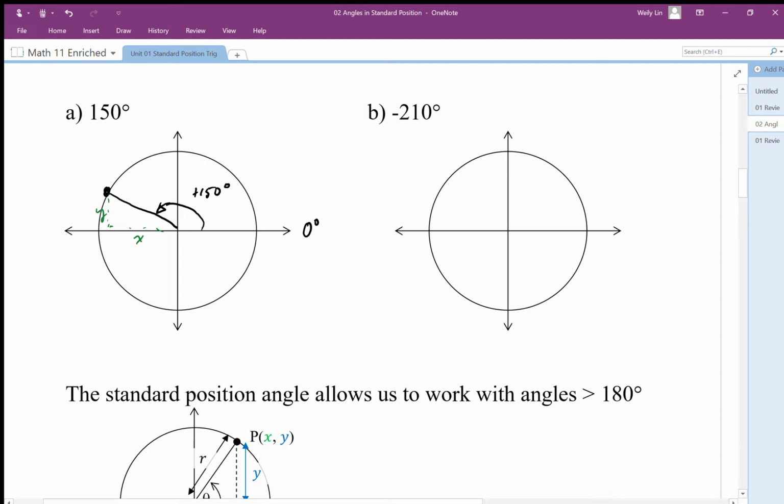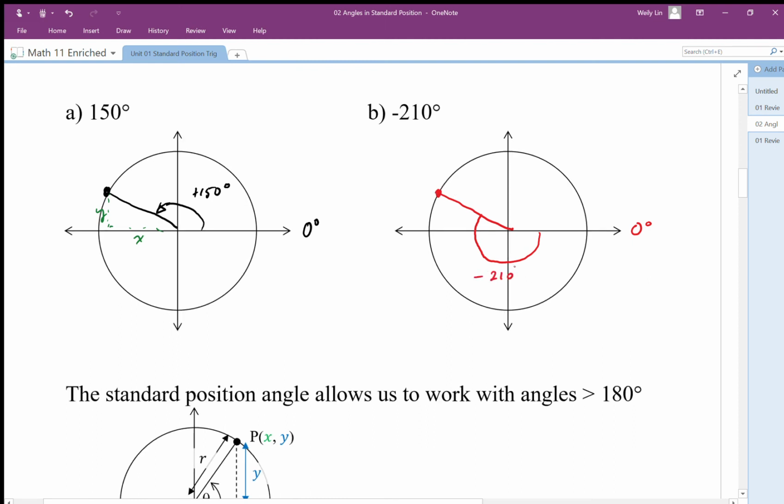Negative 210 degrees is going to go in the opposite direction. So here's our 0 degrees again. The negative 210 is going to go 90, 180, and an extra 30 degrees, and it's going to locate that position.